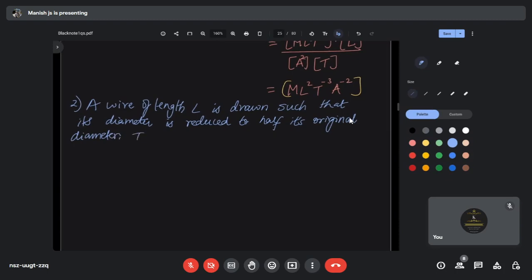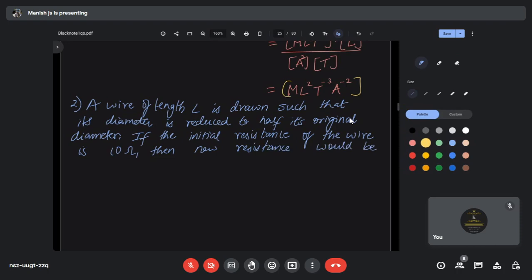If the initial resistance of the wire is 10 ohms, then the new resistance would be, so I'm giving you the options.